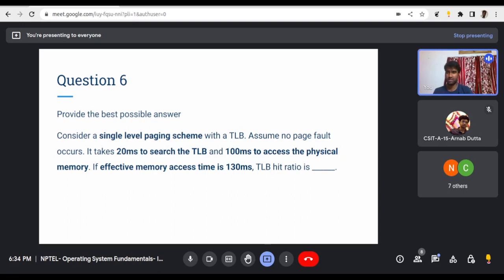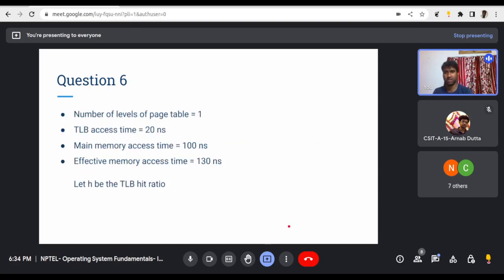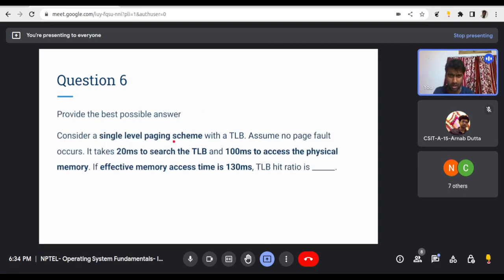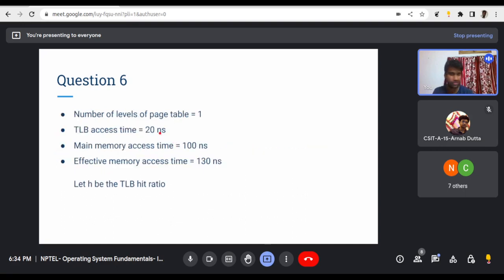If I go to the summary, what is given is that the number of levels of page table is 1 and the TLB access time is 20. Okay, I just made a mistake. I have written everything in nanoseconds here. There is just one correction: everything will be in milliseconds instead of nanoseconds. Anyway, the main memory access time is 100 milliseconds and the effective memory access time is 130 milliseconds.